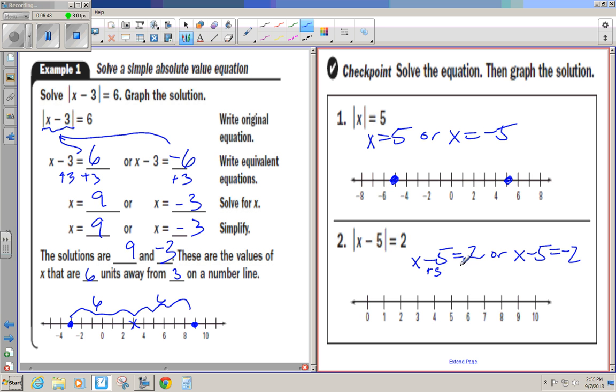So add 5 to both sides, and you end up with x equals 2 plus 5 is 7, or x is equal to 3. There's 7, there's 3. If you look at number 5, you are actually 2 units away from 5.